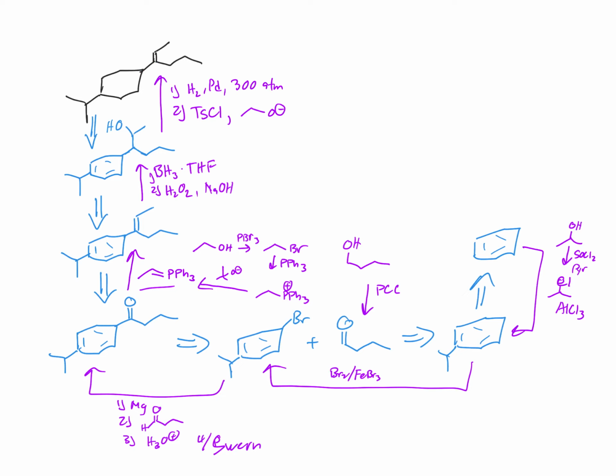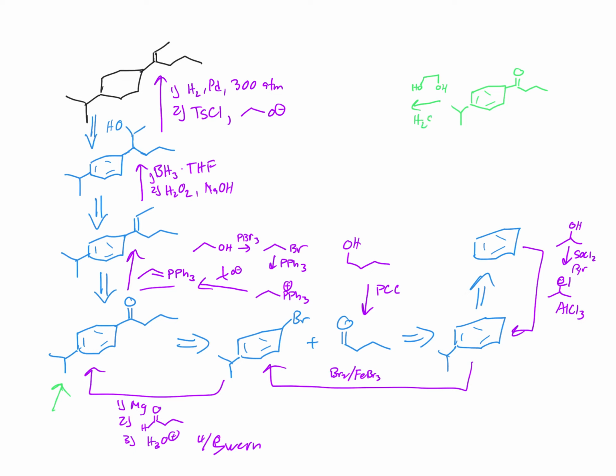So let's look back, and I'm going to switch to green here. I think I could use this carbonyl in a slightly different manner. So if I can make that carbonyl, let me redraw it. And if I want to use that ketone in a final Wittig reaction, I need to first protect it so that it doesn't go away when I reduce the heck out of my benzene ring.